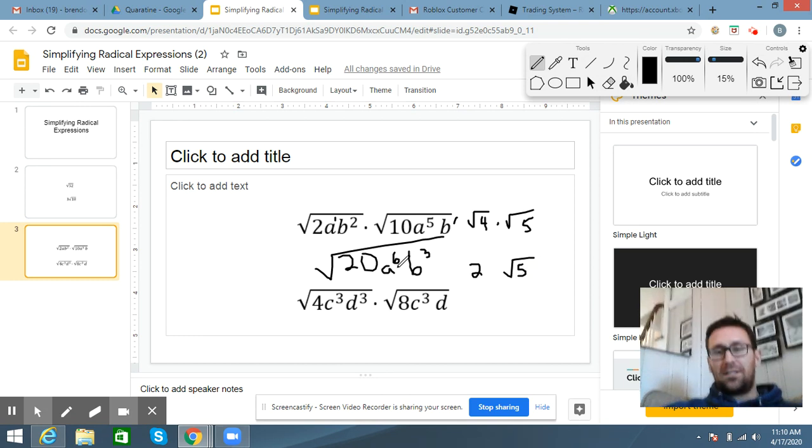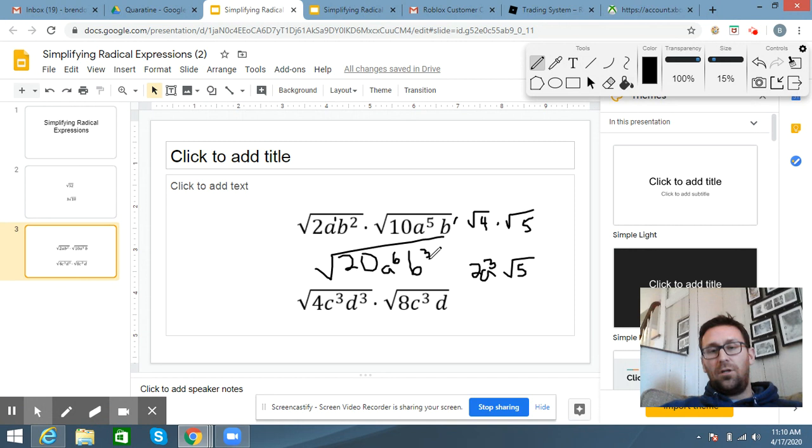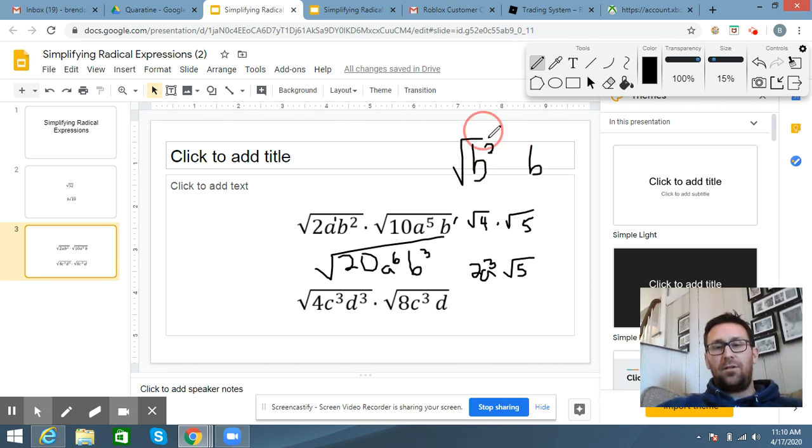A to the 6th. What times itself is a to the 6th? It's a to the 3rd. So that goes outside. Now b to the 3rd, you can't take the square root of b to the 3rd because 3 is an odd number. So it's going to be b squared times b, which is b to the 3rd.